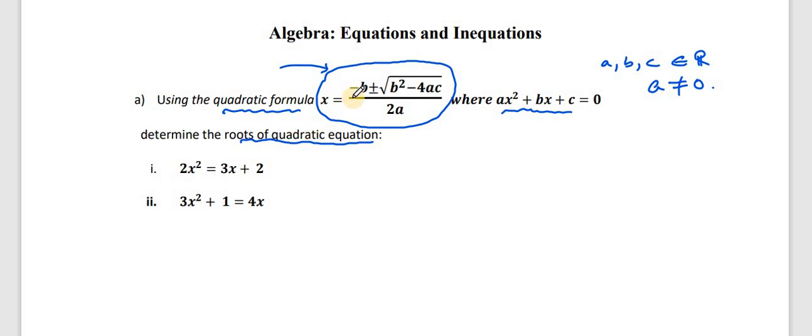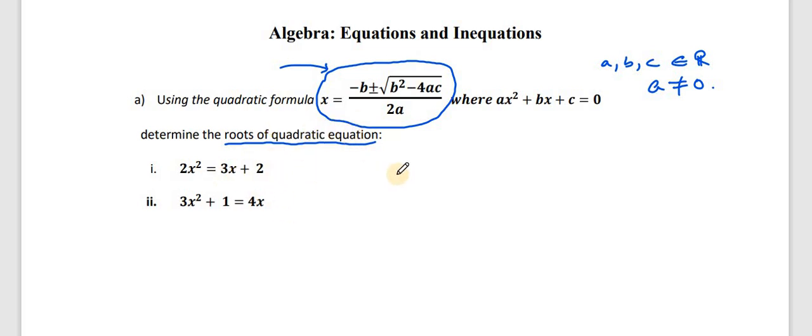The majority will be solved by using this formula. So that's what we're focusing on, using this formula to find what we call the roots of the equation, or the x-intercepts. That's a different name, right? The roots of a quadratic equation are also referred to as x-intercepts, or the solution to the quadratic equation.